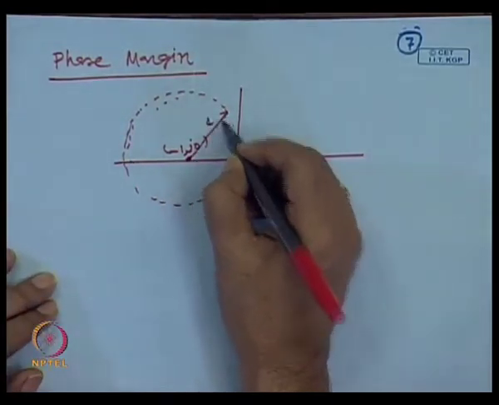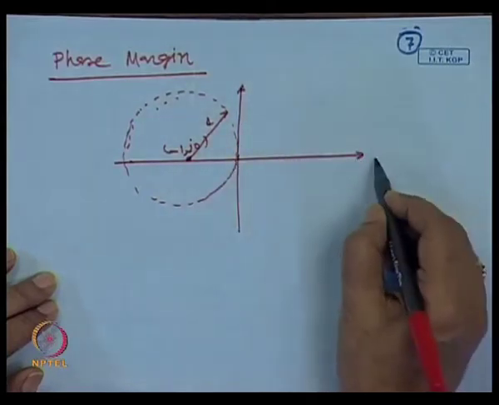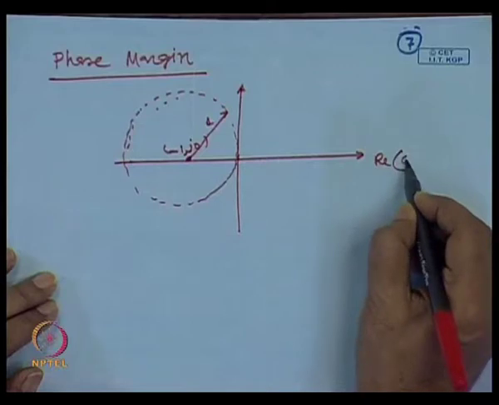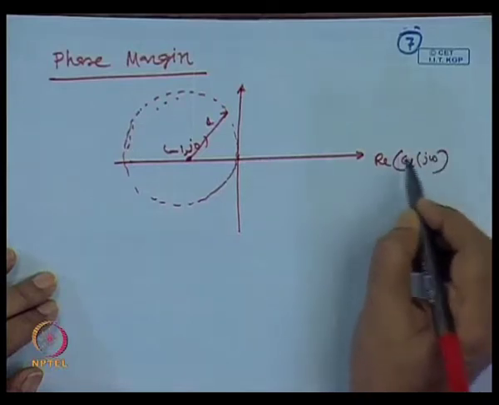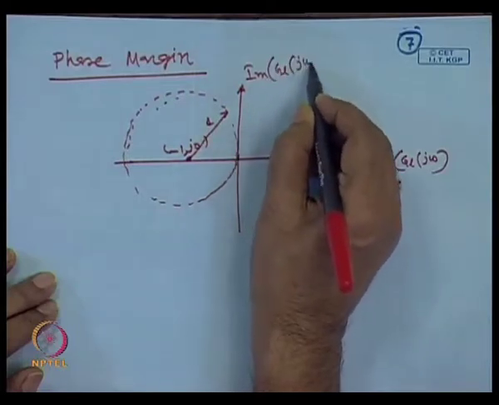This is the real part of G L j omega, and this is the imaginary part of G L j omega.